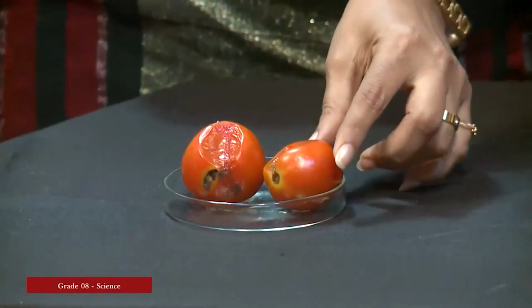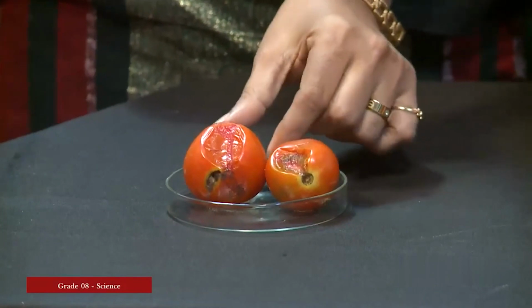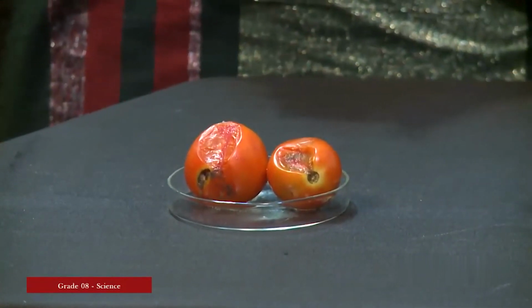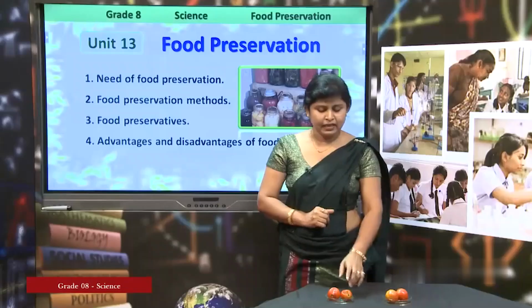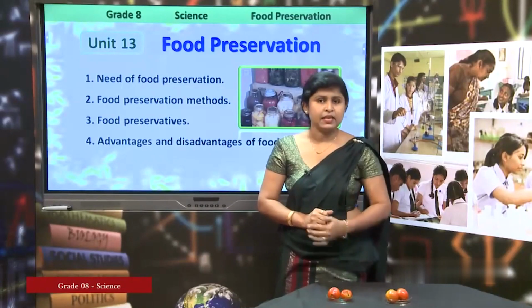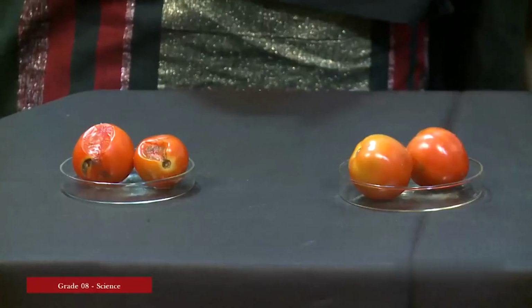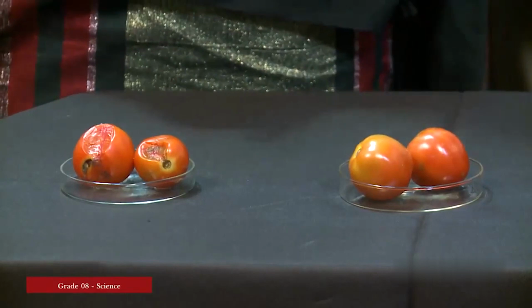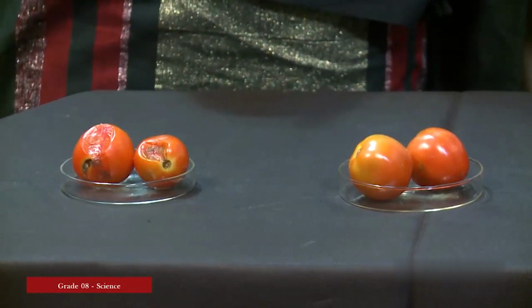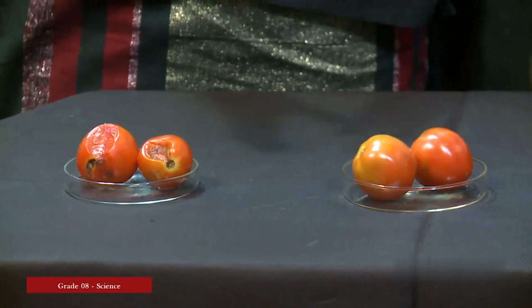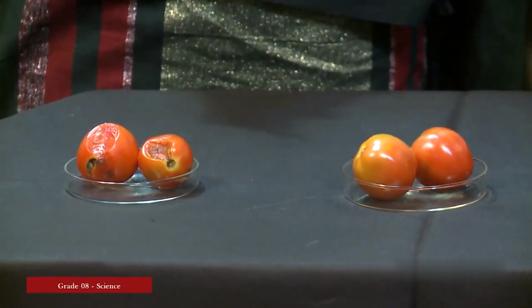It is a spoiled or rotten sample. You can observe that the color is changed, and when I touch it, the texture is soft, and I can't taste this because it is spoiled. You know that we can't taste spoiled food. So, here are the differences between a fresh food sample and a spoiled food sample.